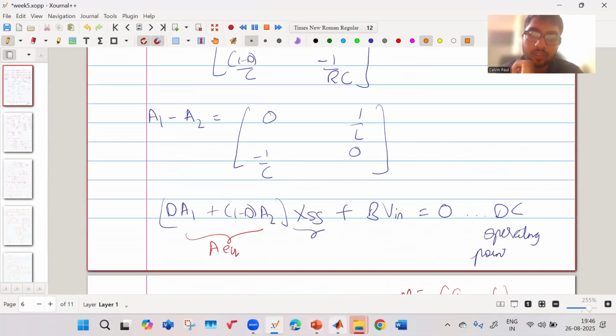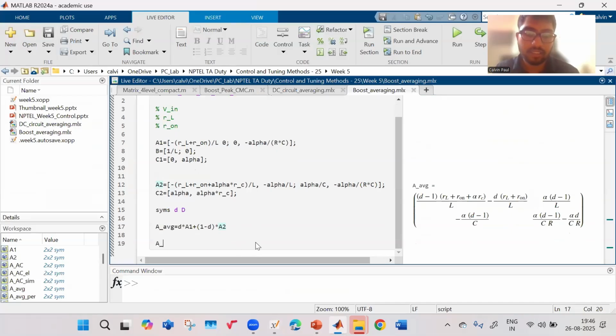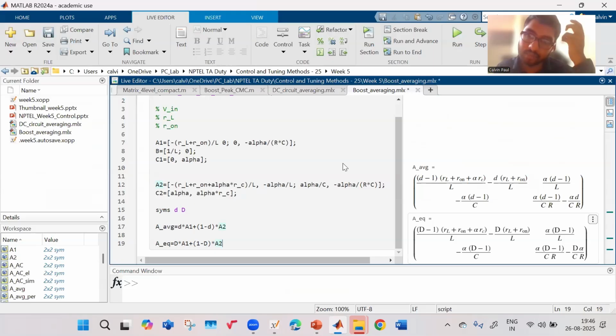Okay. So let us do that. So our A equivalent is equal to D into A1 plus 1 minus D into A2. So now just D, we are replacing by capital D. Capital D is our steady state duty. So this is our A equivalent.